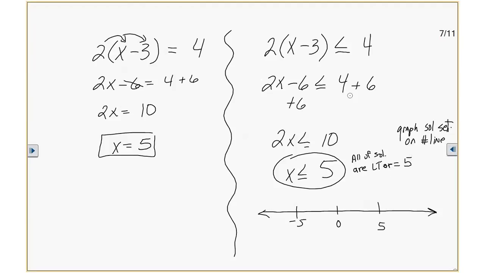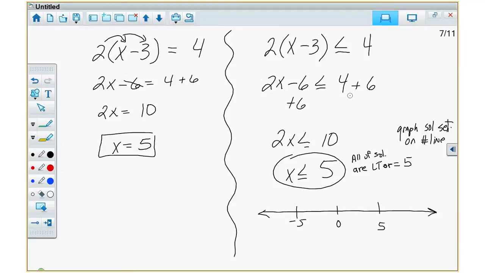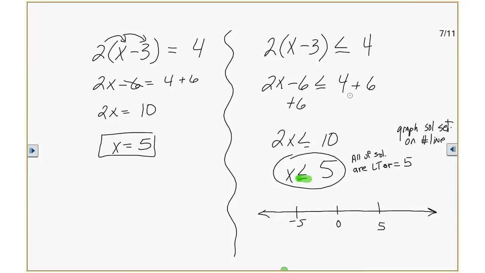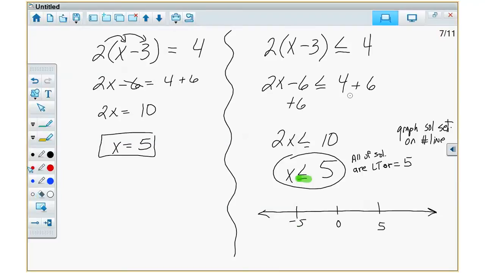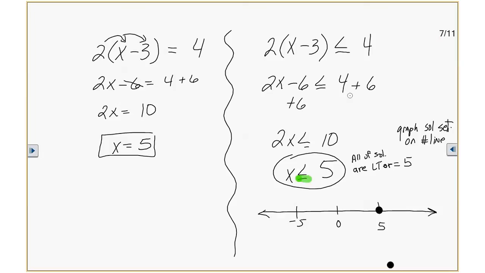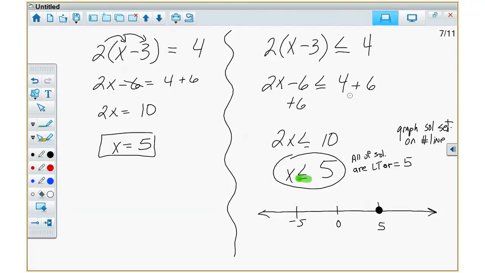So, we take our handy dandy highlighter and we highlight this guy right here. Because that means what? A closed what? So I put a closed circle at 5. If you wanted to put a bracket, you could. Doesn't matter. What numbers are less than 5?